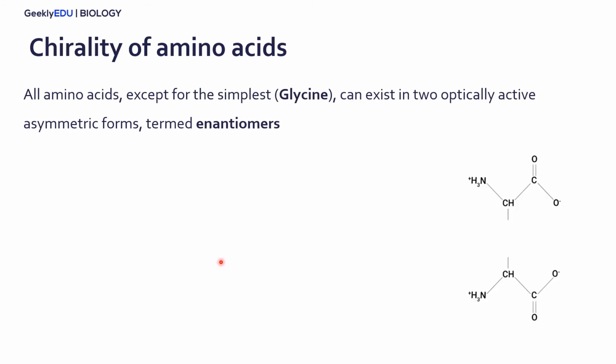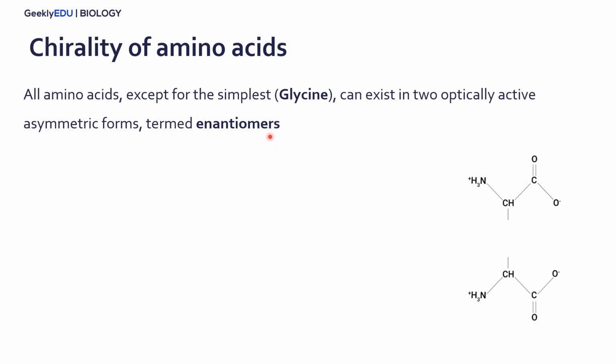Finally, I just want to briefly touch on the chirality of amino acids. So all amino acids, except for the simplest form, glycine, can exist in two optically active asymmetric forms termed enantiomers.